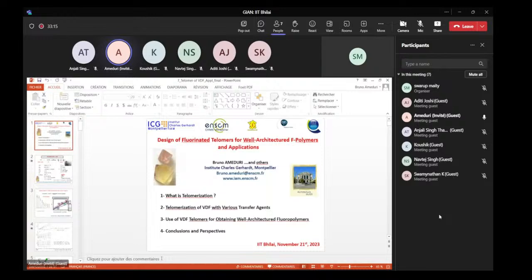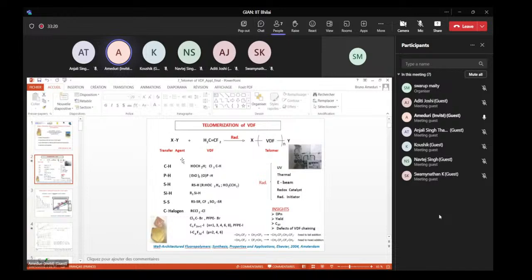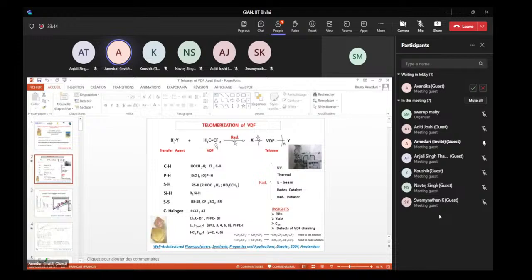So what is telomerization? Telomerization is a reaction between a chain transfer agent and a monomer. Let's consider VDF, vinylidene fluoride. This reaction, in the presence of radicals, is a radical telomerization and leads to what is called the telomer. As you can see, the chain transfer agent has a weak bond from which the end groups are going to be located at both ends of a chain.